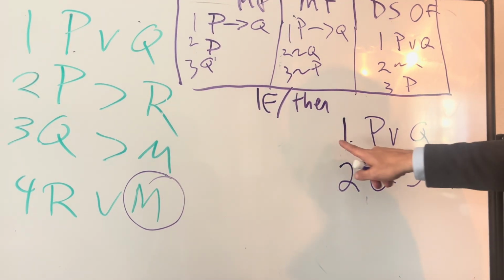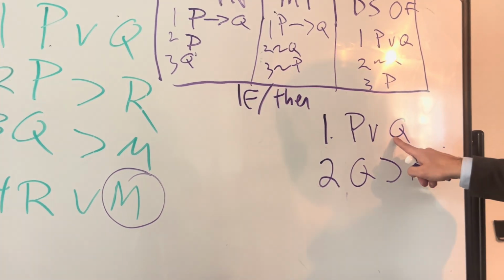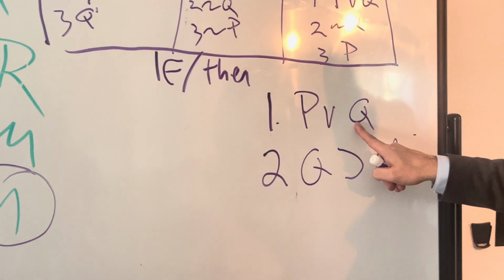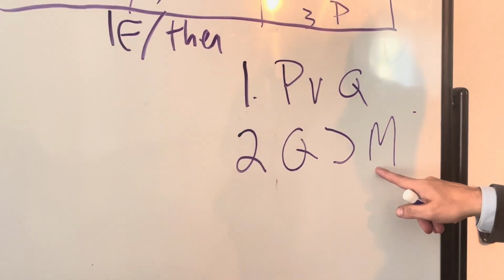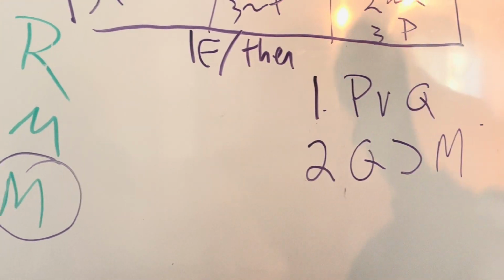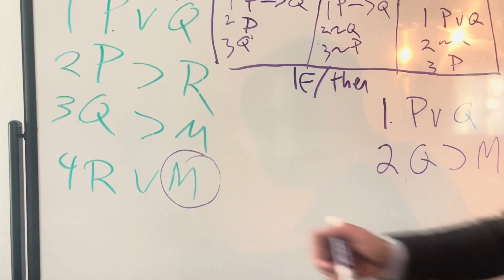Look here, we have premise 1, which has the Q. We have premise 2, which has the Q and the M. We want to know how to get the M.